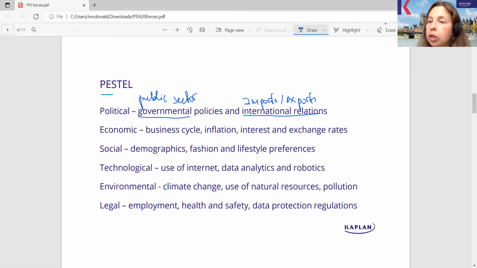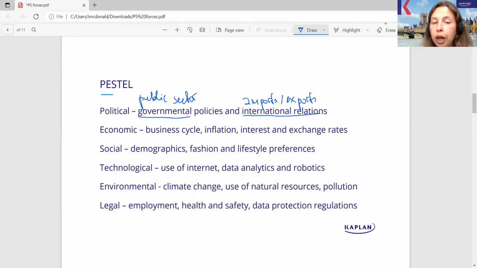So politicians will decide how much money will be allocated to schools or hospitals. Many governments are now looking at tightening their purses, reducing expenditure, so it will be harder for public sector organizations to operate within the reduced budget now available to them.